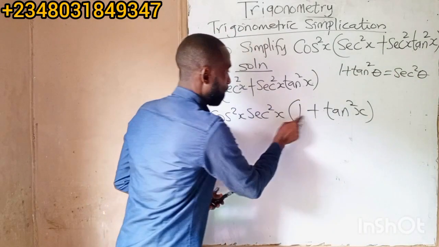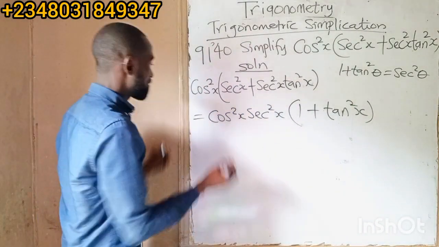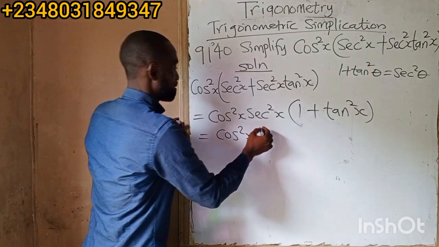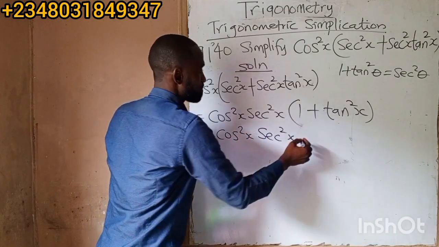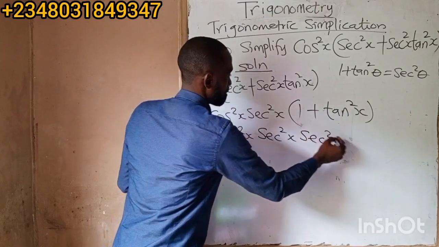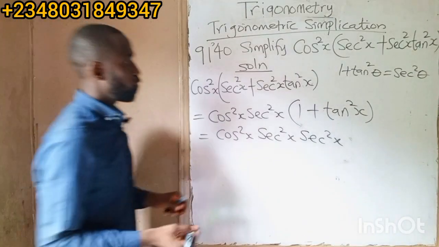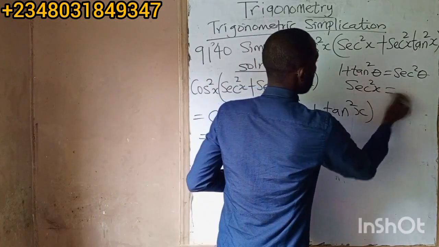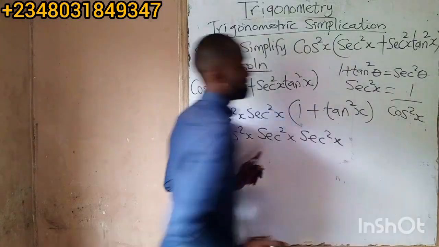So 1 plus tan square x will give us sec square x. So everything here becomes cos square x times sec square x times sec square x. What can we do again? Beautiful. Sec square x is the inverse of cos square x.